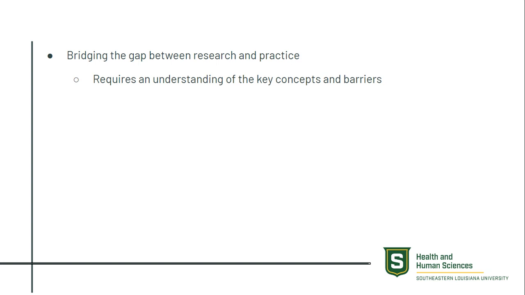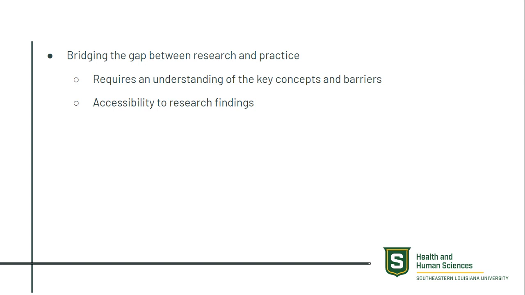Remember, like I said, clinical practice is very unpredictable, and there are so many factors that come into play in a way that doesn't happen with research, because research is usually happening in a controlled environment. So to be able to take research and apply it to clinical practice, you have to have a good understanding of the key concepts and the barriers that come with it.